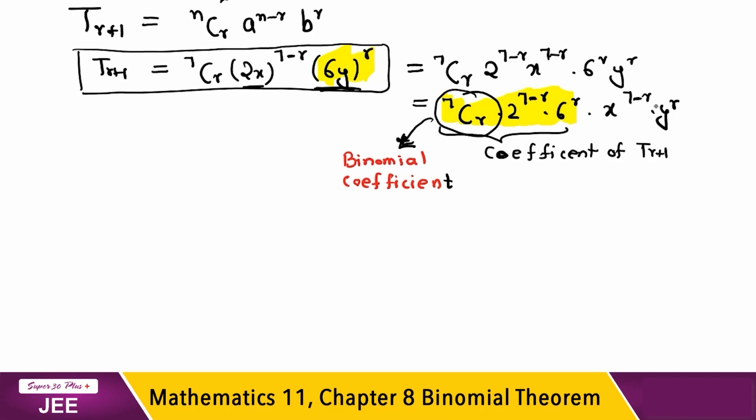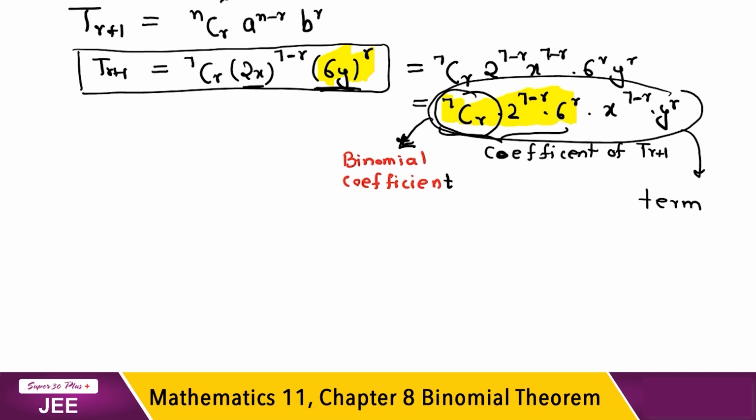And this entire combination will be called as term. So please note carefully whether you have been asked about the term, the coefficient, or the binomial coefficient, because these are different things.